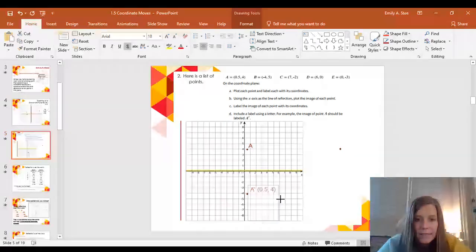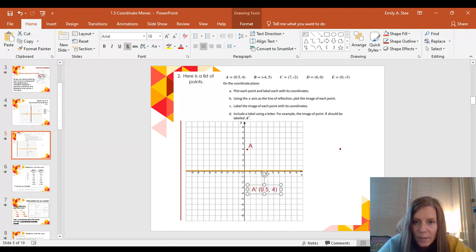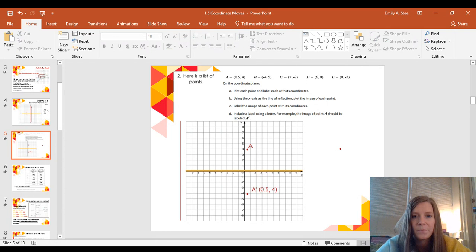I did that because the directions said to label the coordinates. We've got a letter and we know exactly where it is. So your job right now is to do the same thing for B, C, D, and E. Make sure you plot it, reflect it over the x-axis, label it, and tell me where it is. Good luck.